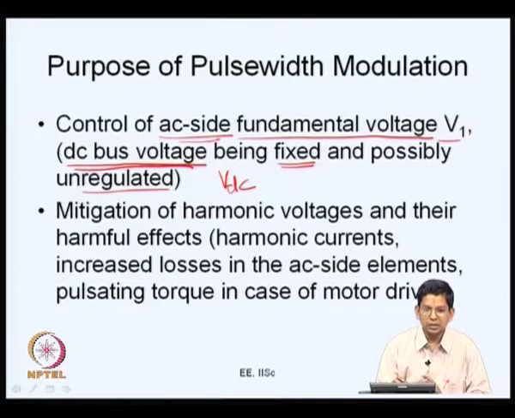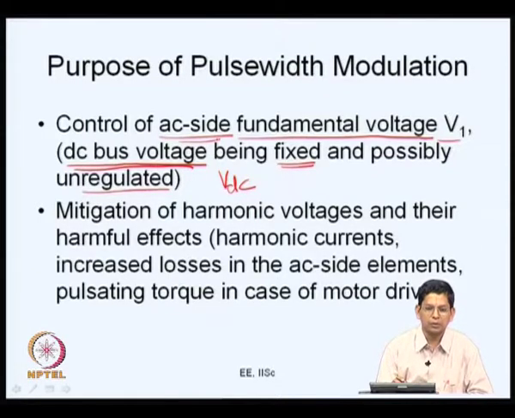We are trying to synthesize some sinusoid of 50 hertz or whatever modulating frequency, but it is essentially a non-sinusoidal waveform. We are trying to produce AC using DC. We apply various pulses, positive pulses during the positive half cycle and negative pulses during the negative half cycle and so on, and it is not a sinusoidal waveform.